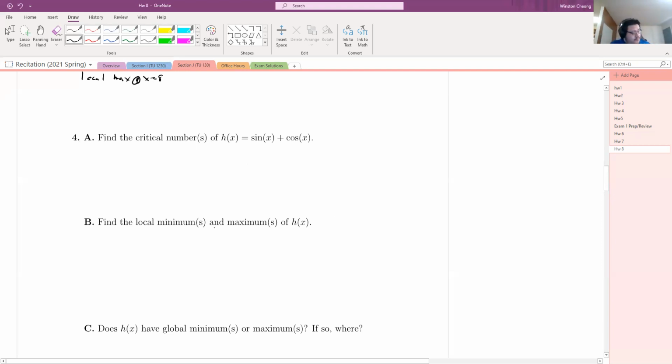Okay. So 4 is tricky in another way. For 4, we have infinitely many critical numbers. So running through the same process like we've been doing, we take the derivative, set equal to 0, and solve.